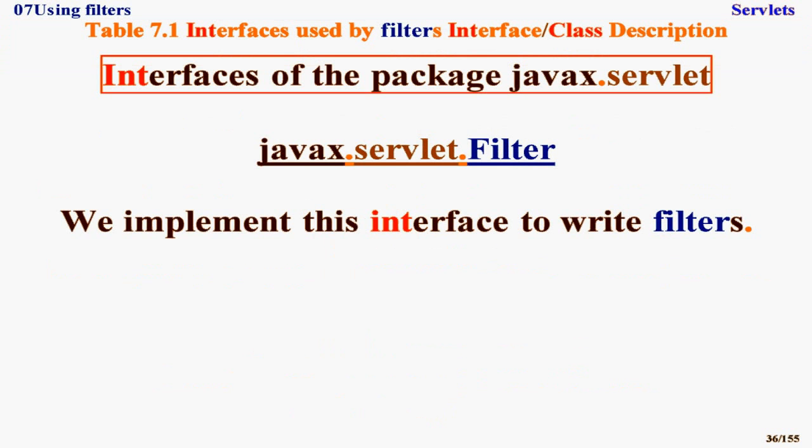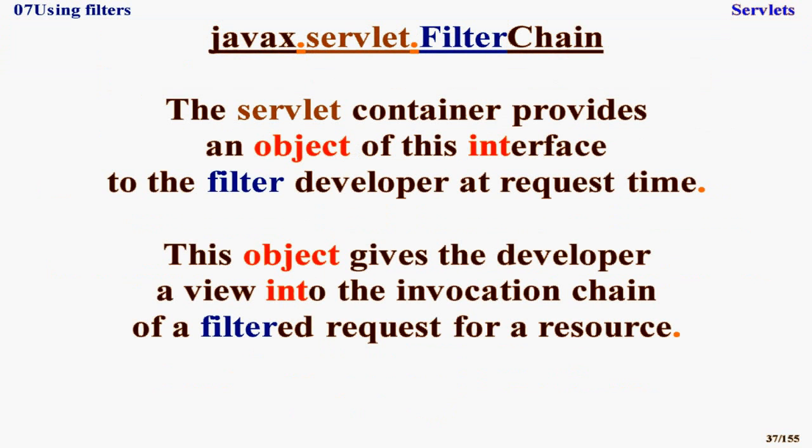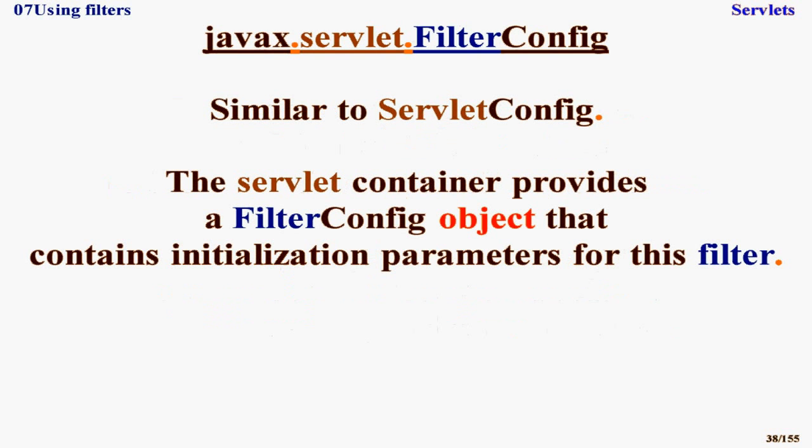Filter: we implement this interface to write filters. FilterChain: the servlet container provides an object of this interface to the filter developer at request time. This object gives the developer a view into the invocation chain of a filtered request for a resource. FilterConfig: similar to ServletConfig, the servlet container provides a FilterConfig object that contains initialization parameters for this filter.